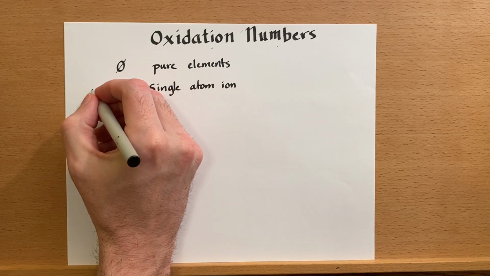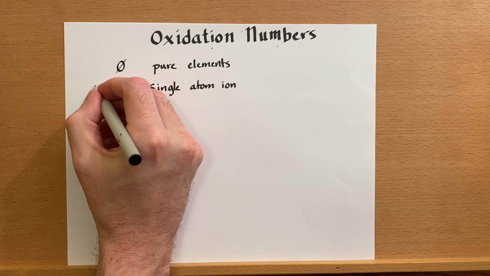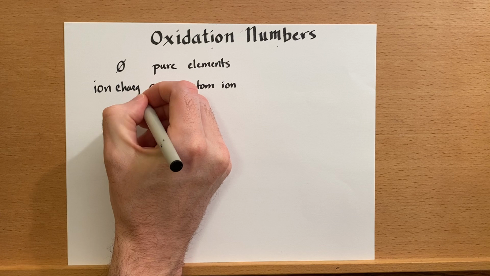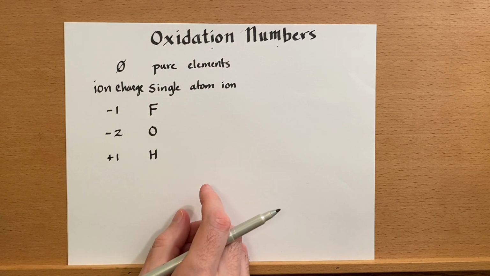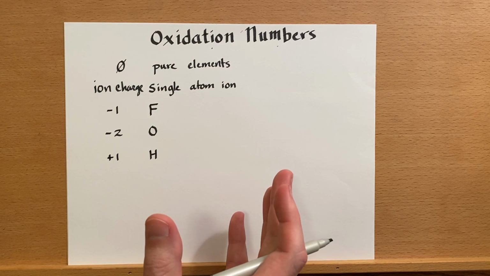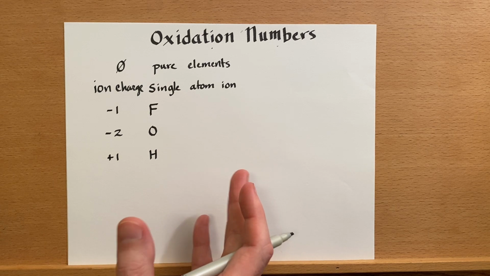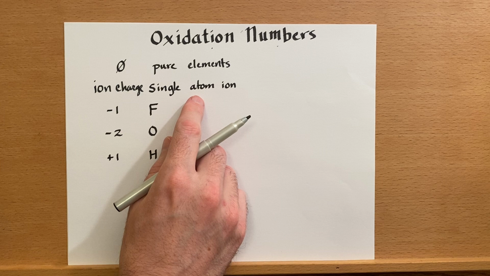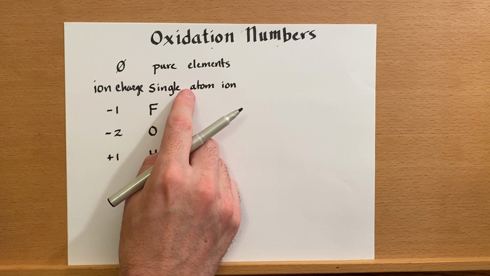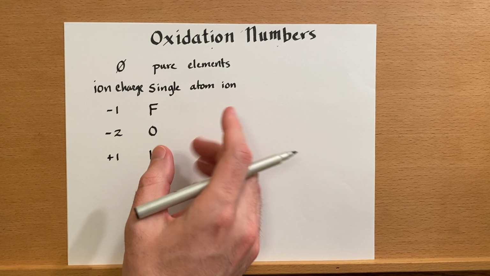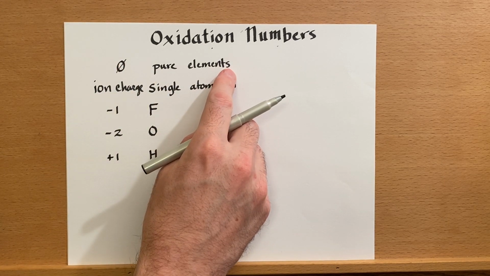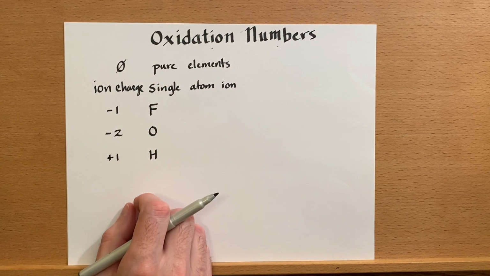So if we had, say, sodium plus, that would be +1. All right, those are the easier things to determine because it's generally either written right on there or, in the case of a pure element, implied to be 0. Now let's talk about the rest of the rules.